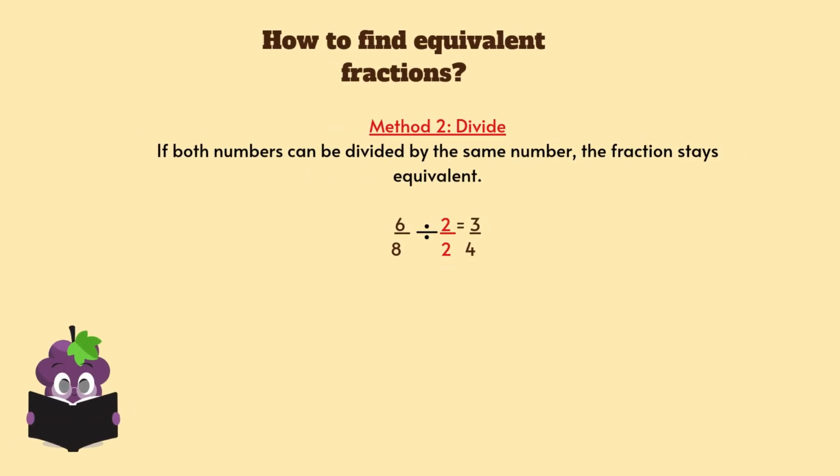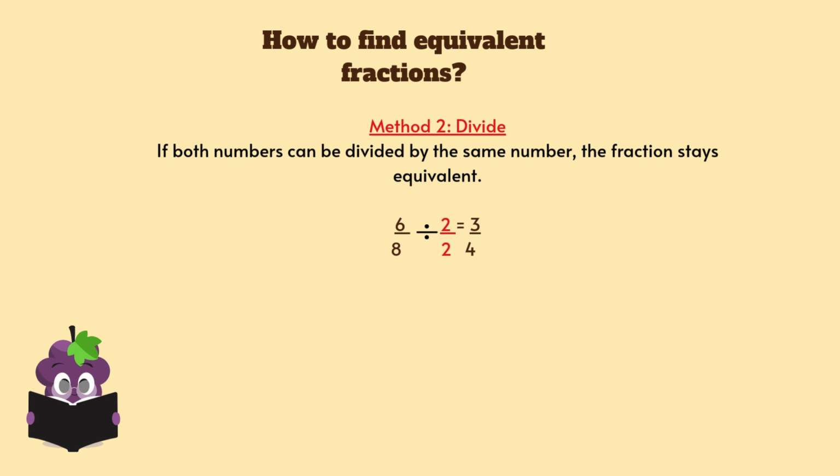Okay, now let's look at another method, which is divide. If both numbers can be divided by the same number, the fraction stays equivalent. That's the thing that I've just mentioned before. So let's look at this one: 6 divided by 8. What can I divide here to get a fraction that's equivalent to the one I'm working on?